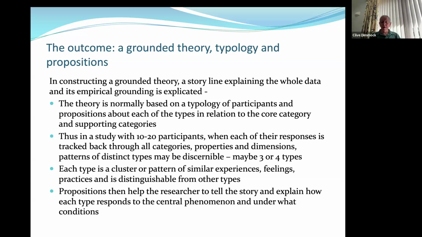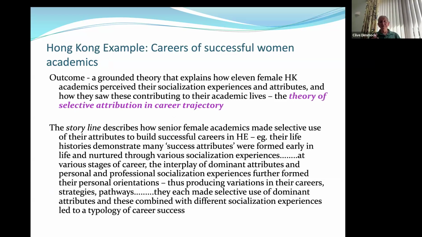And then I'm just finishing now. So the outcome, sorry to rush through this, she had a theory that explained the career success of women academics in Hong Kong. She calls it the theory of selective attribution in career trajectory.